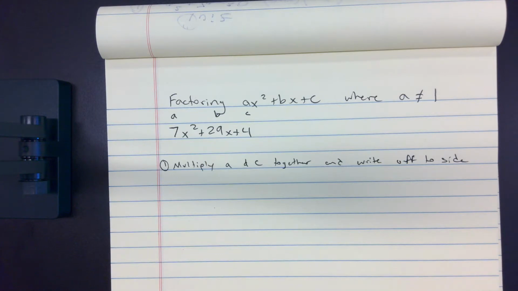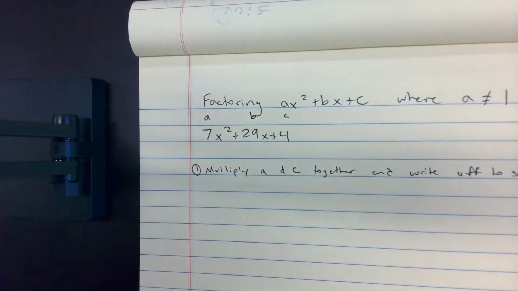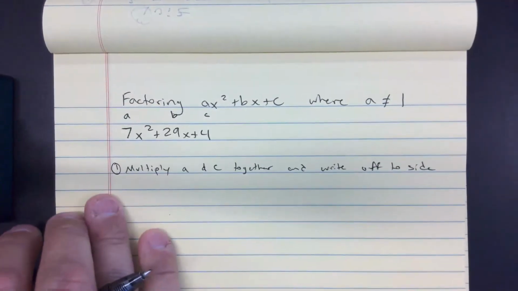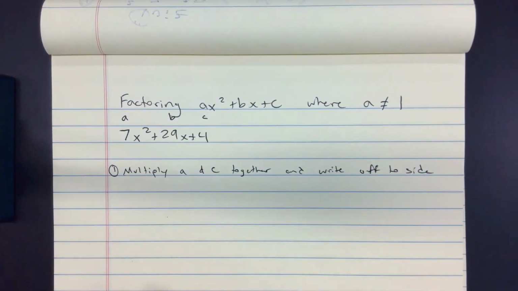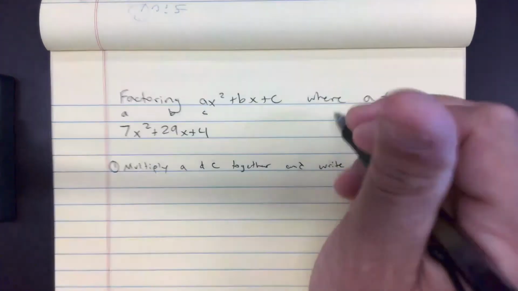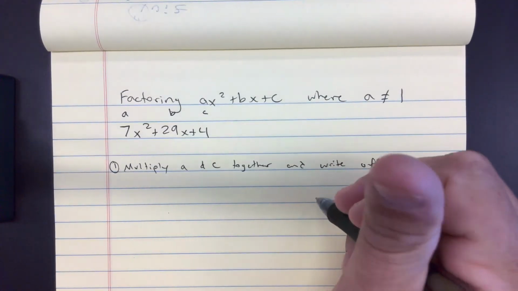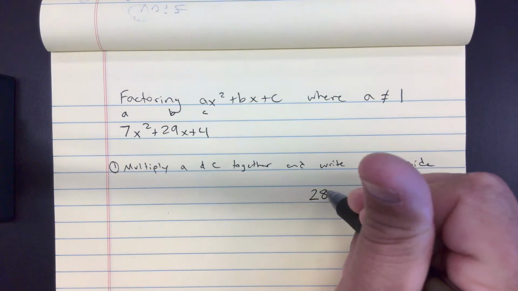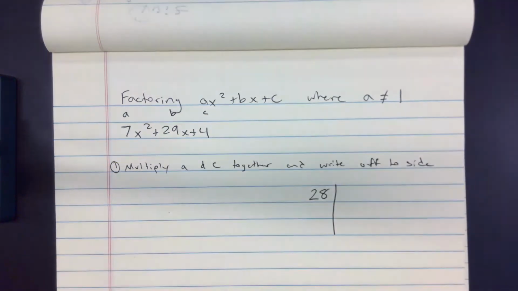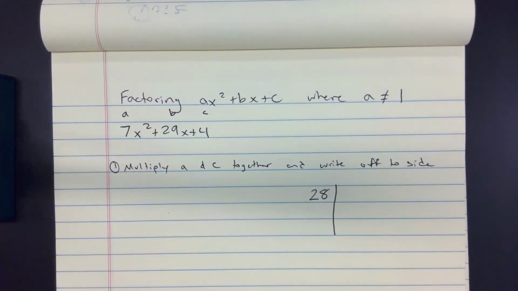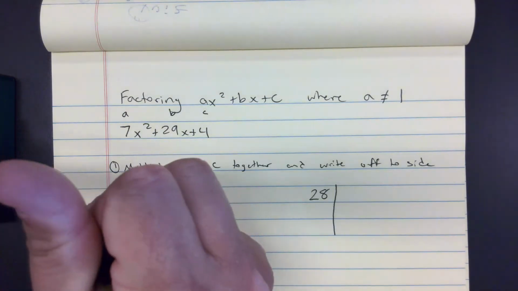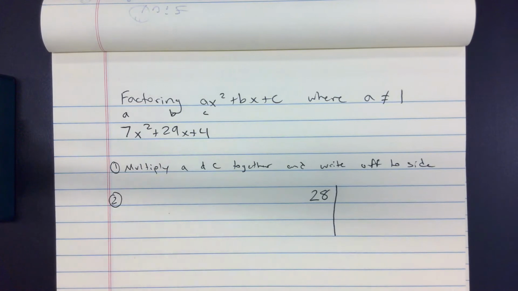I need to write bigger. And write it off to the side. So I'm going to do it right here just so we can see it. Step 2.